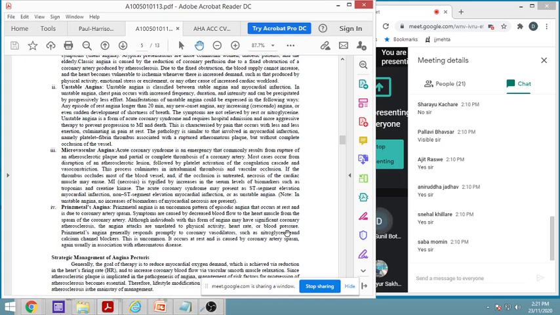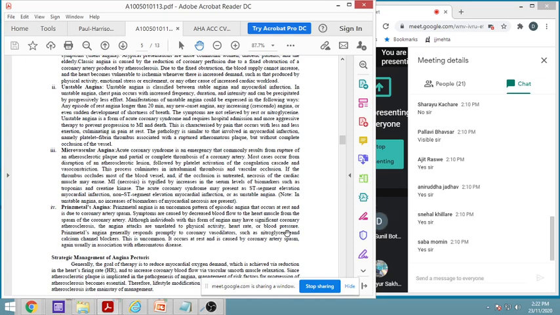Apart from that, it can cause changes in the ECG, and acute coronary syndrome may present as ST segment elevation myocardial infarction, non-ST segment elevation myocardial infarction, or unstable angina. So there are a variety of these.